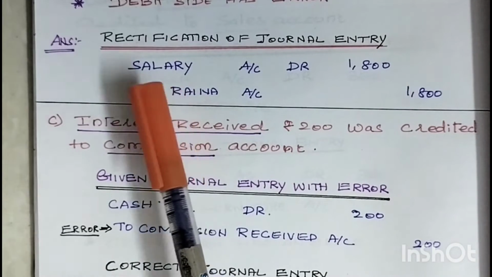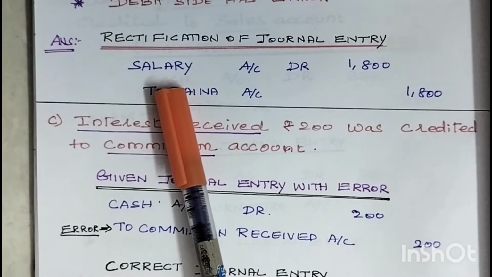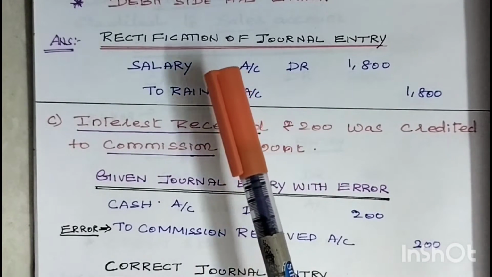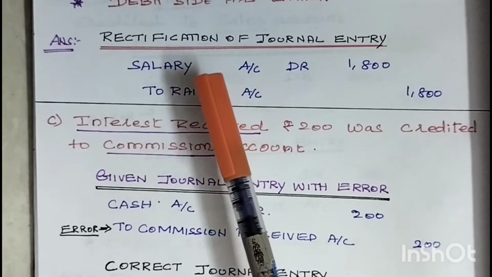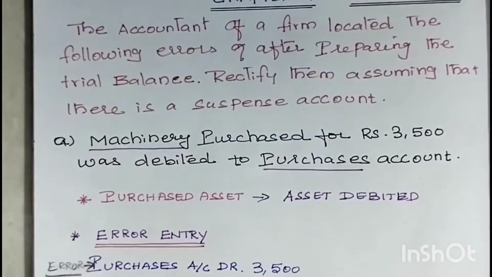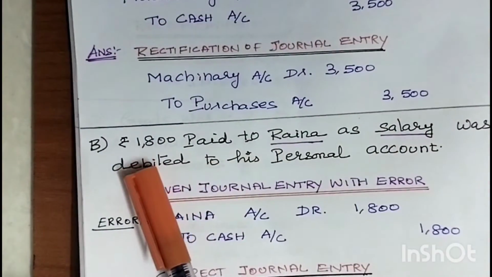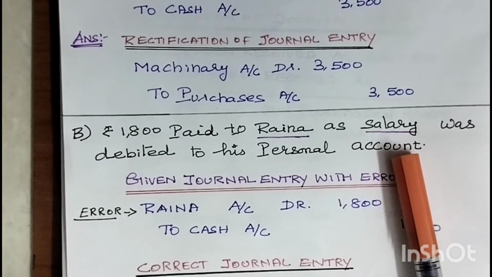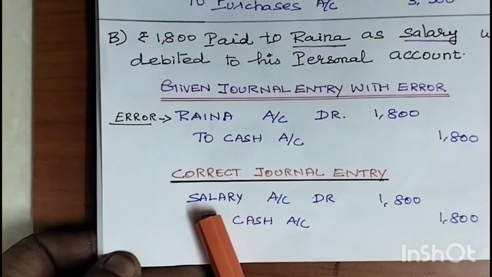This journal entry is the only answer for the given transaction. But I explained you how this answer will come. Okay. So the rectification of the journal entry is you paid salary. That means you paid salary means salary account debtor. Right?